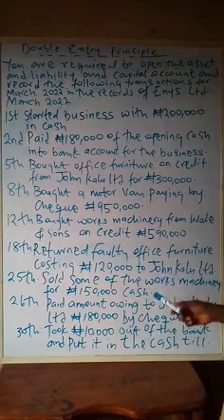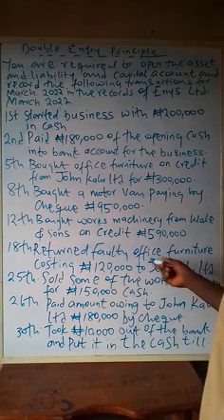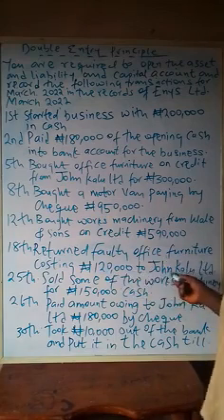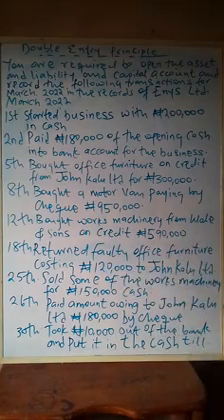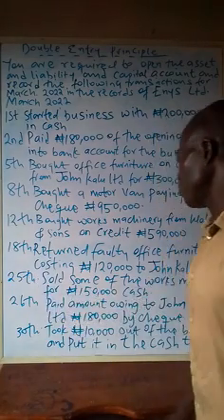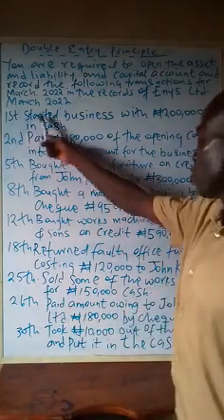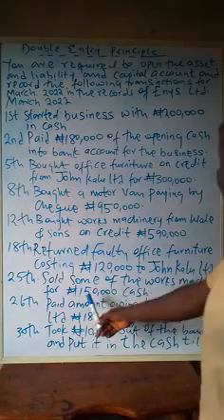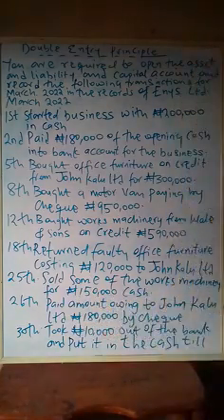This is what you are going to do: credit office furniture here and debit John Kalu Limited. On the 25th of March 2022, sold some of the works machinery for 150,000 naira cash.